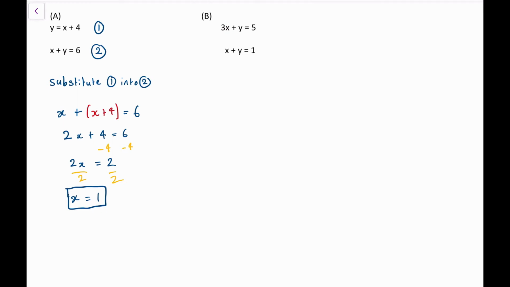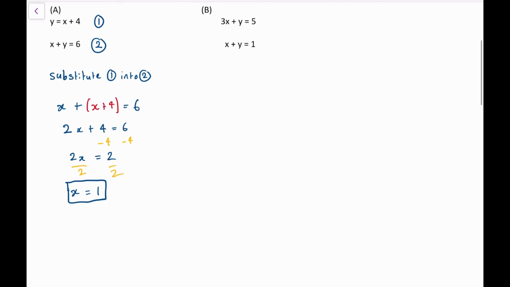If I sub x in here, I've already got y as the subject, so that's going to be the best option here. You could substitute it into either and solve for y and you'll get the same answer. So it doesn't really matter, but sometimes you can make your life a little bit easier if you think a bit ahead. So I'm going to substitute x equals 1 into equation 1.